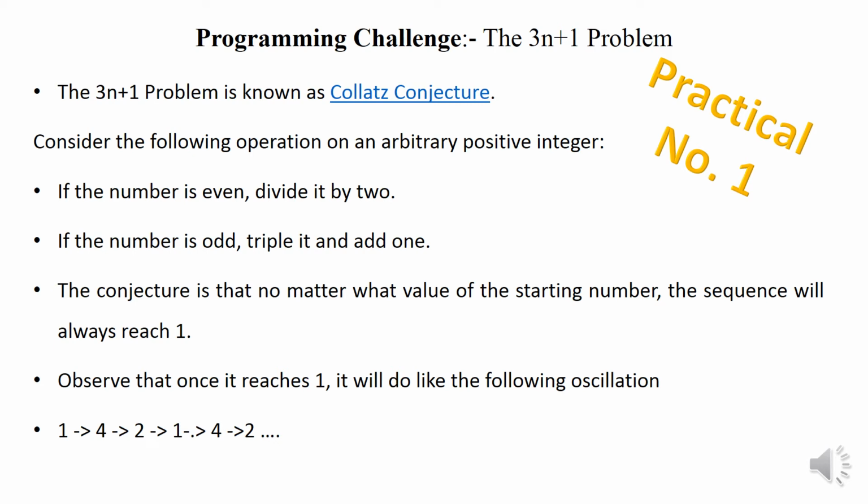So here, if we take an even number, then we have to divide that number by 2. If the number is an odd number, triple it and add 1, that is 3n plus 1. So very easy, friends.